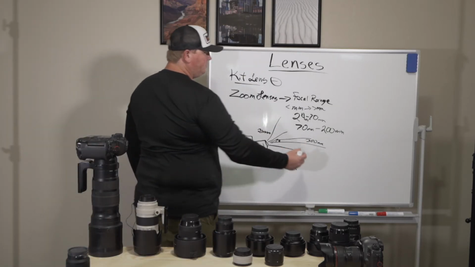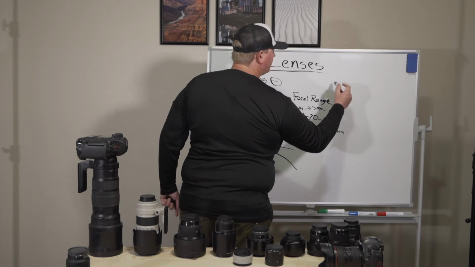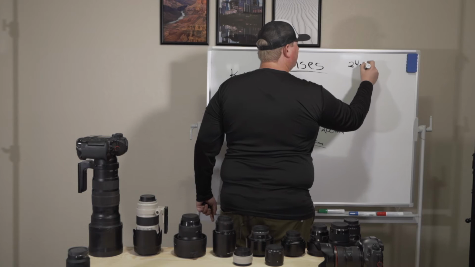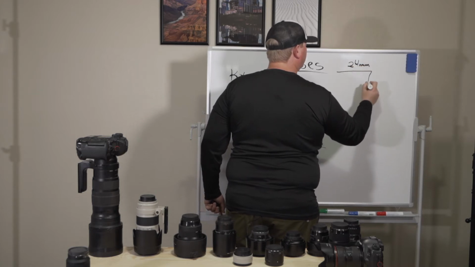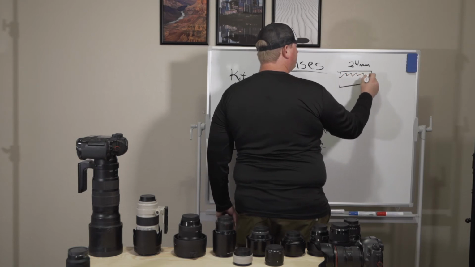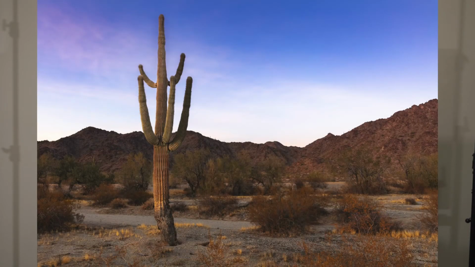And then as we do that, the background becomes closer. So let's say at 24 millimeters, you've got a shot. This is inside your camera, right? And you've got these mountains here. You've got some trees here. You've got a little river, whatever.